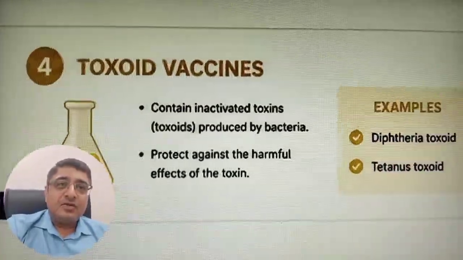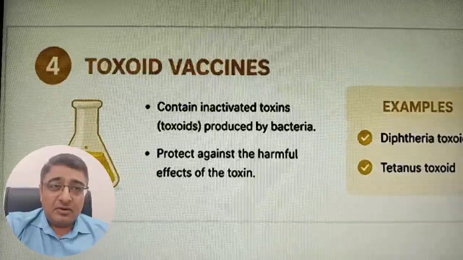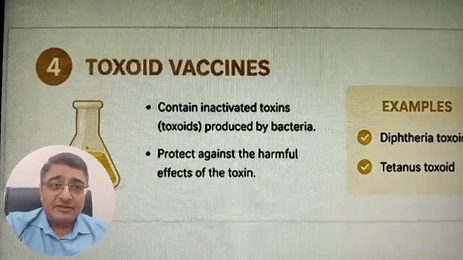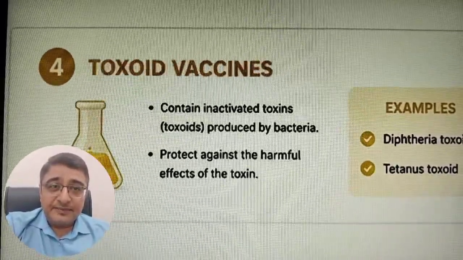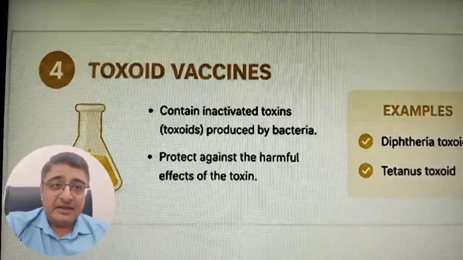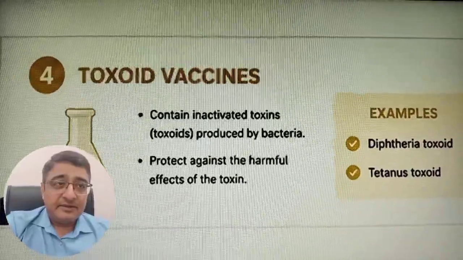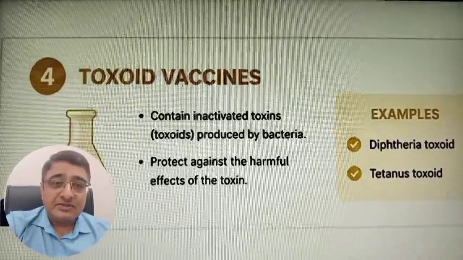Then toxoid. It contains inactivated toxin, or toxoid. Inactivated toxin is called toxoid, produced by the bacteria, and it protects against the harmful effect of the toxin. For example, diphtheria toxoid, tetanus toxoid.